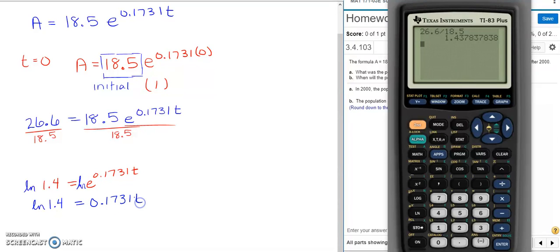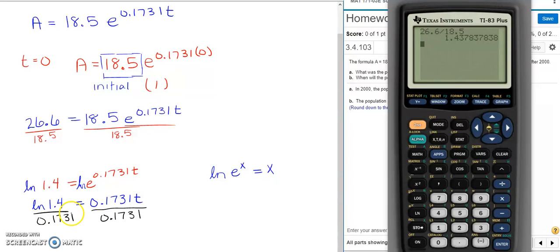That is from a property we learned in 3.2. We had a property in 3.2 that told us this was equal to x, because the bases match. So it's the same idea, it's just equal to whatever's in our exponent. So our last step is to get t by itself, we're going to divide by this decimal here.